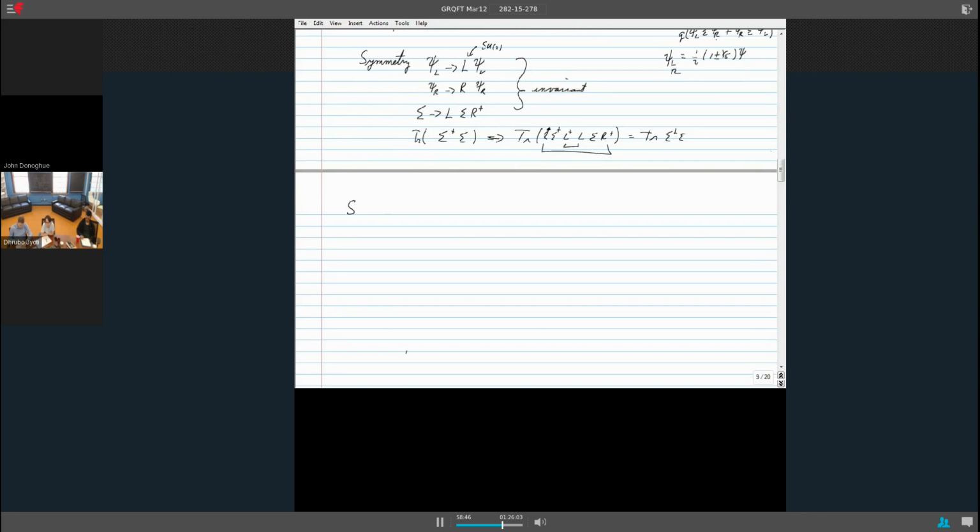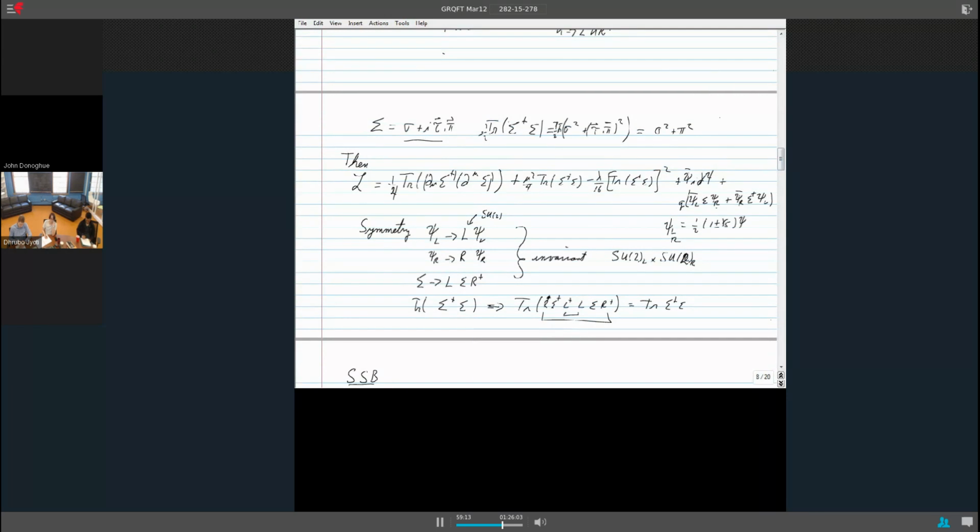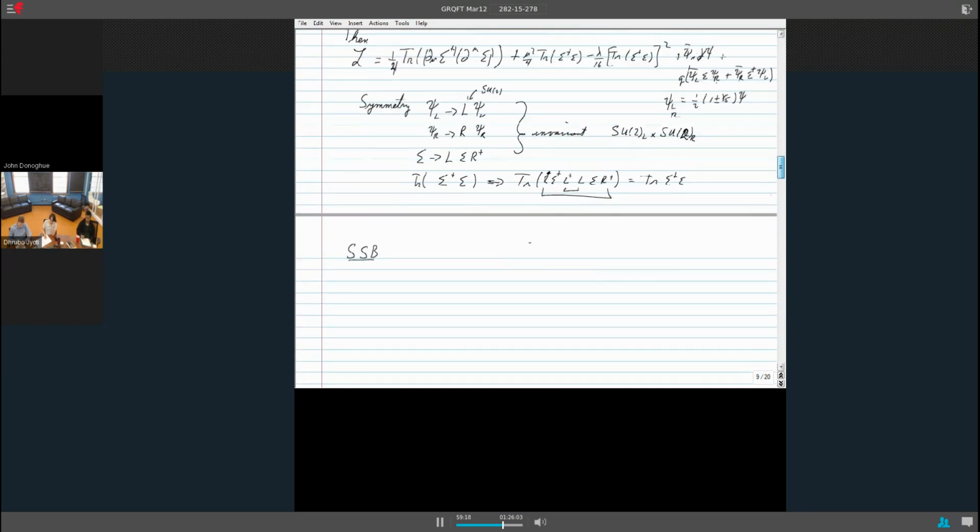You can sort of see it if I do trace of Sigma dagger Sigma, it goes to trace, well, I get L Sigma R dagger, and over here I get R Sigma dagger L dagger. These guys cancel, and these are the properties of trace. Those guys cancel, so we're invariant.